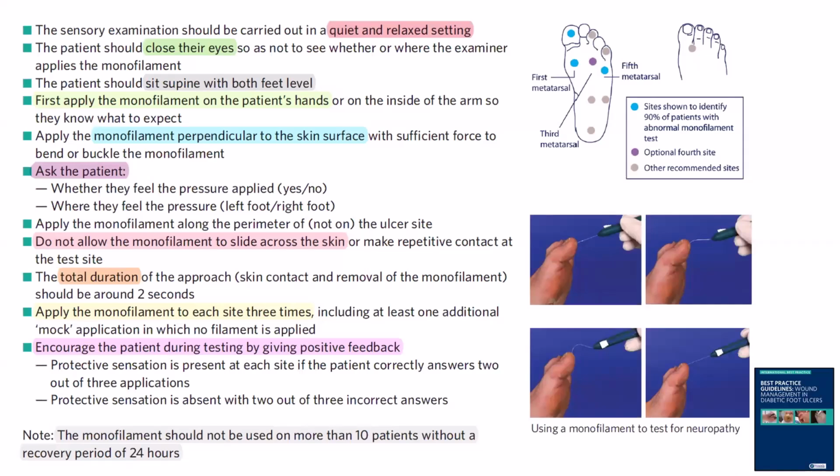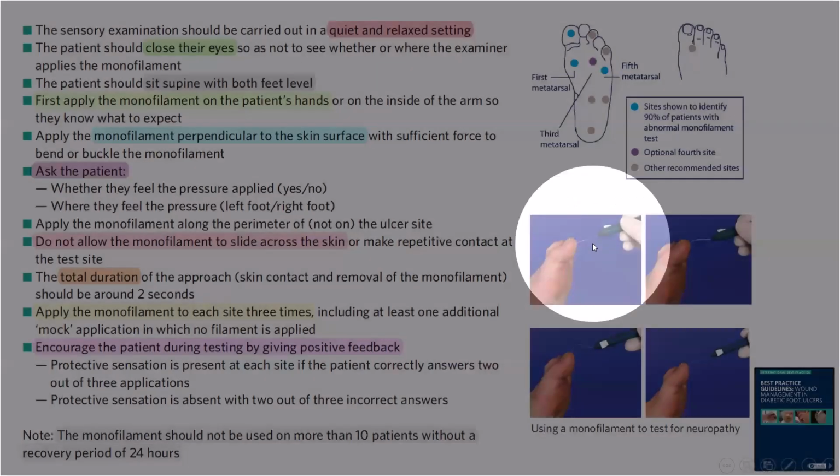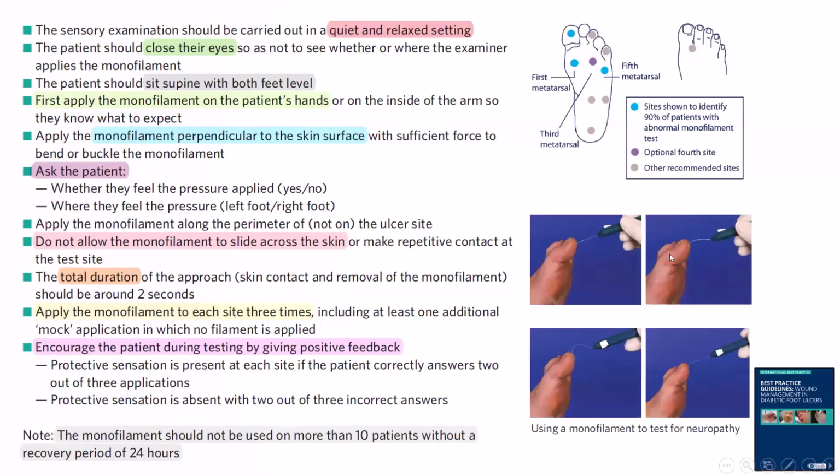First, we should apply the 10-gram monofilament on the patient's hand to detect the sensation, to educate him about this sensation. Then we apply the monofilament perpendicular to the skin surface like this, with sufficient force to bend or buckle the monofilament.